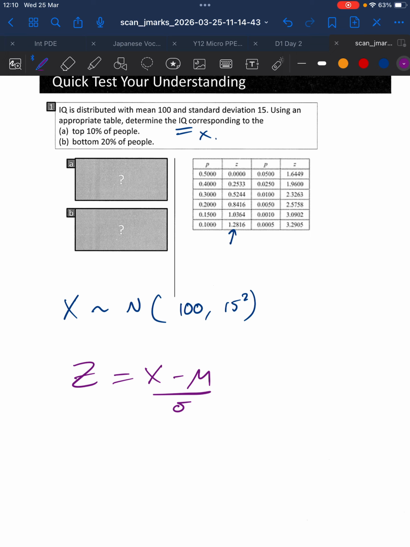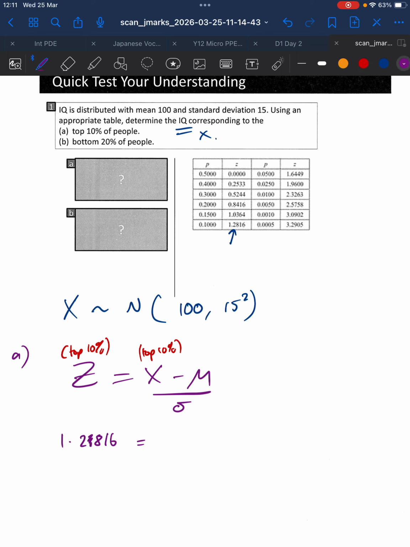So for part A, we're talking about when the Z value is at the top, didn't it? So the Z score that corresponds to it is this, 1.2816. That's the Z value that goes with the top 10%, okay? And we can use this to find the X value.